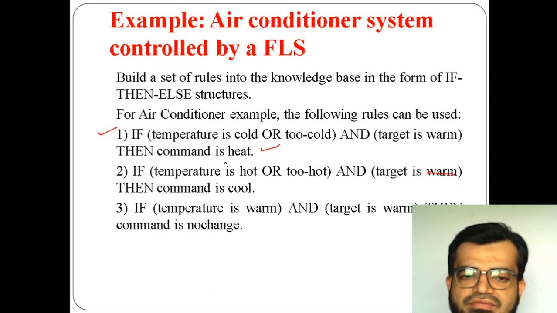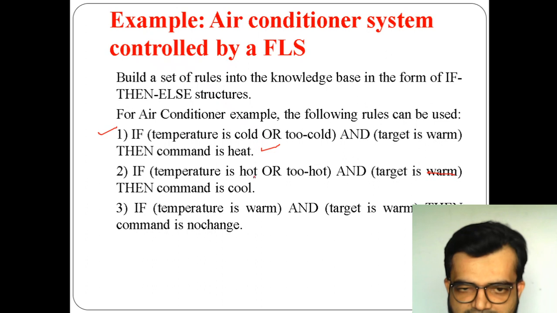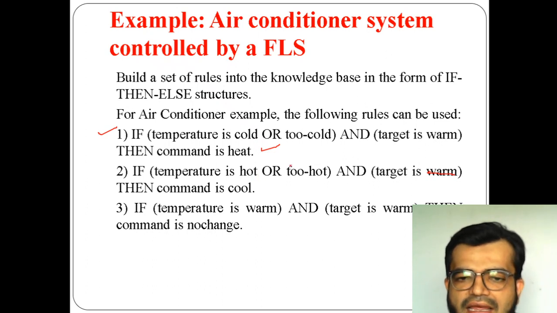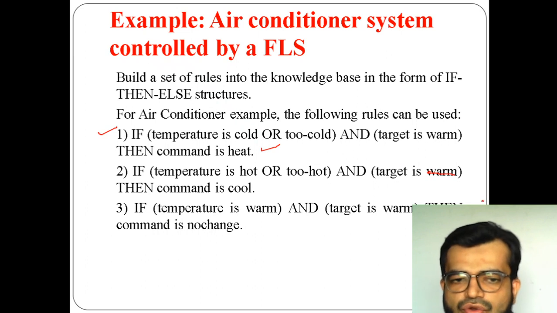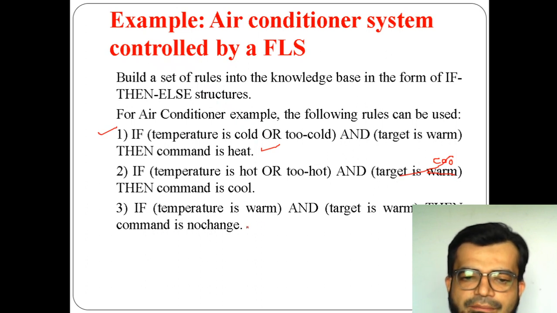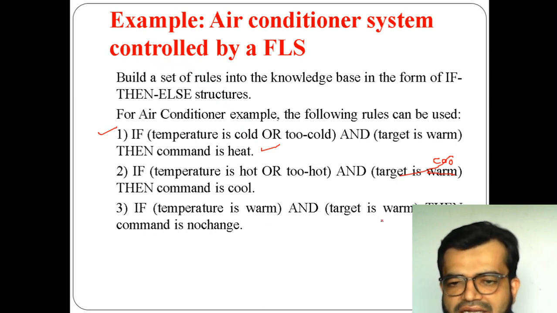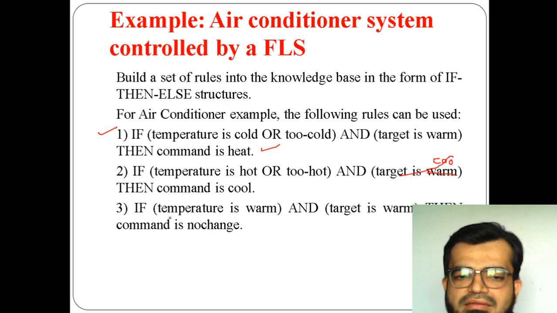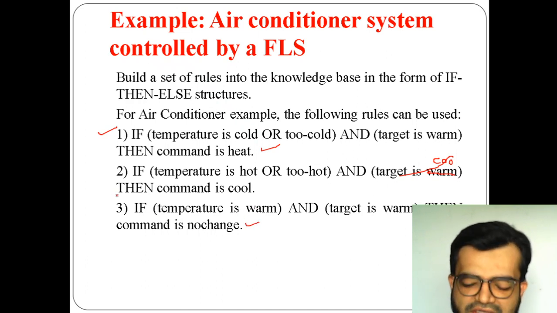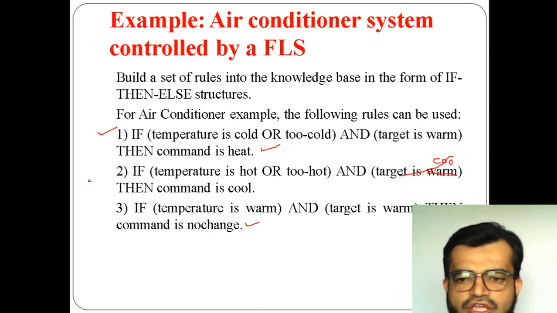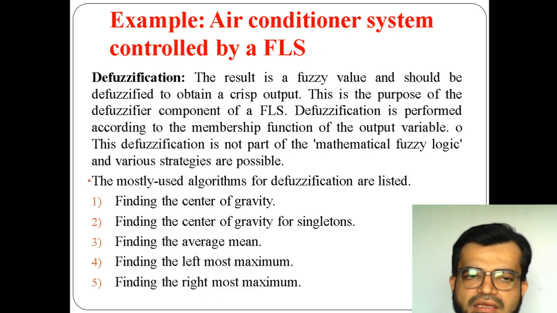Why? Because if the temperature is hot or too hot and the target is cool, you need to decrease the temperature, right? So the command is cool. And if the temperature is warm and the target is also warm, then there will be no change. So the rules have to be formed like this, and based on these rules the actions will be performed.